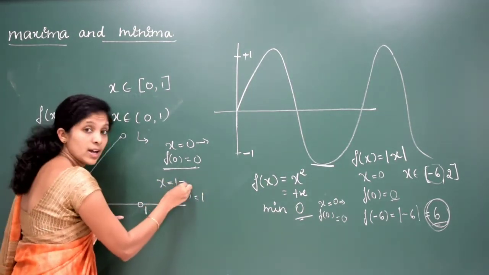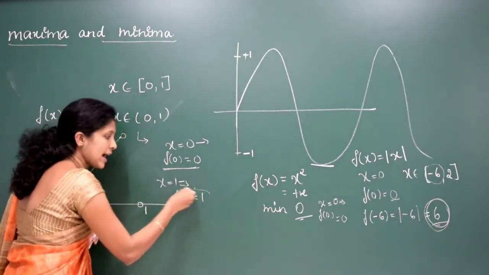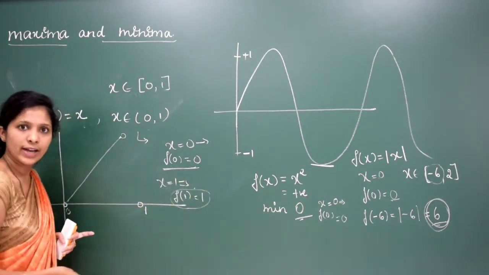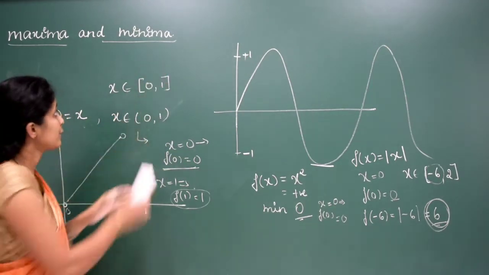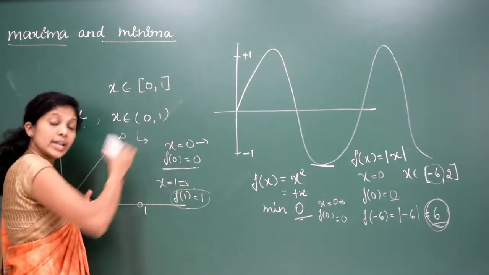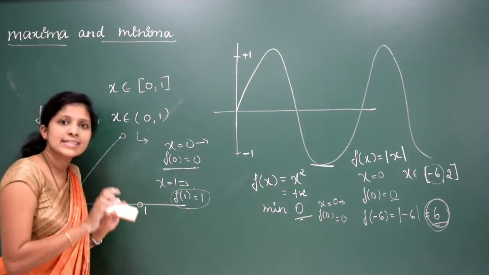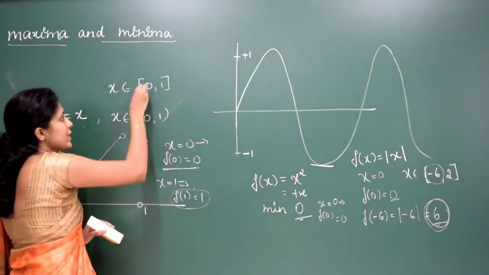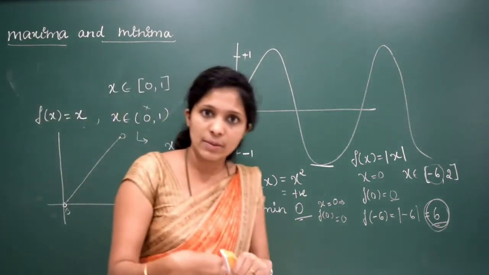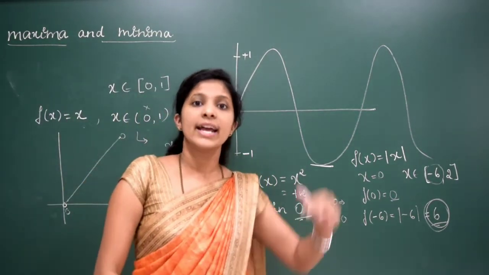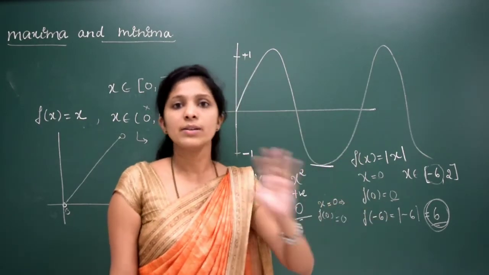So this is called the point of maxima and this is the maximum value. Everything else between 0 and 1 will be less than this. So if 0 and 1 are included, then we can define the maximum and minimum value. If they are not included, then we cannot say what the maximum and minimum values are, and at that time we can say that it has neither maximum nor minimum.